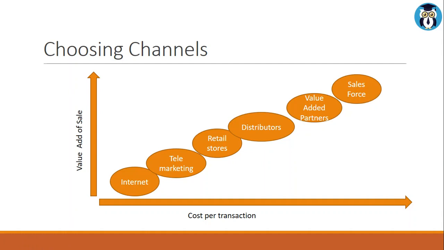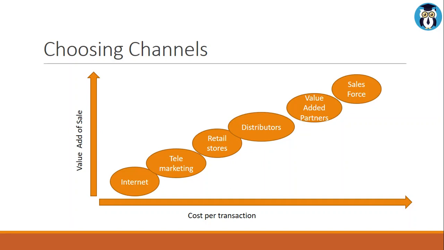These people know how to persuade, because of which they bring a higher value to the sale, in comparison to, let's say, something like internet or telemarketing, which is a more broad-based, generalized kind of approach, which may or may not work with everyone. In this case, the cost per transaction is very low. All you have to pay is for that one phone call or that one domain name that you're hosting, but the value added brought to the sale is also low.